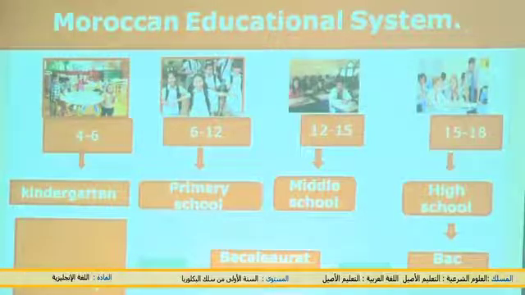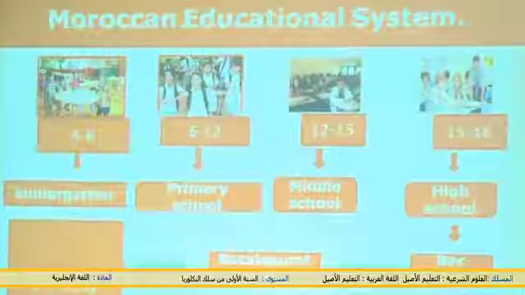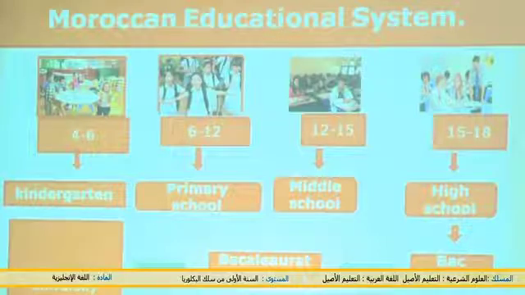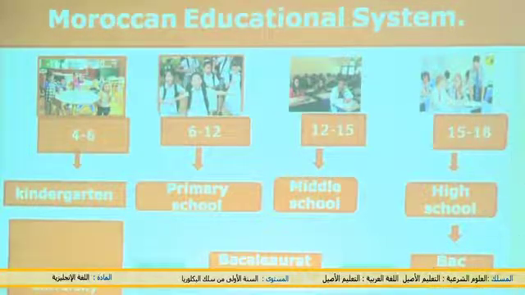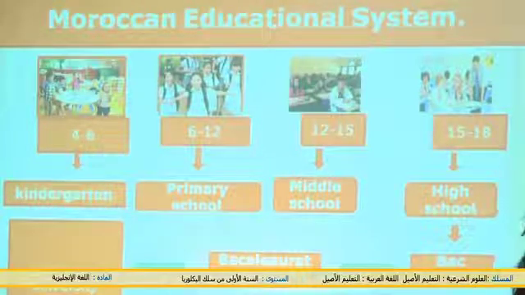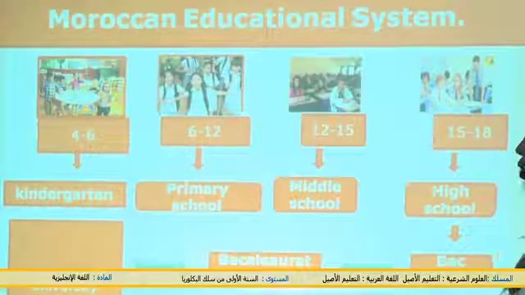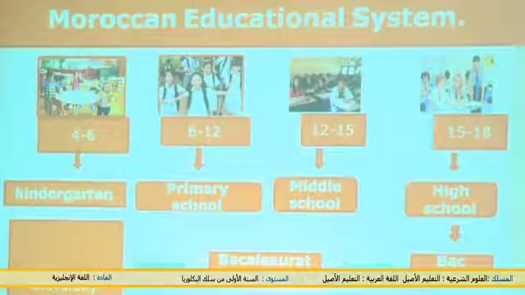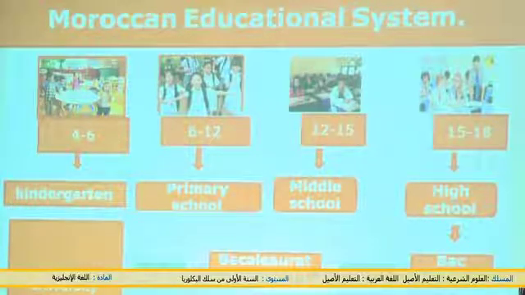So the Moroccan educational system is characterized by different steps and stages. The first stage is called the kindergarten, in which kids at the age of 4 to 6 can attend the kindergarten school to learn the basics of education.